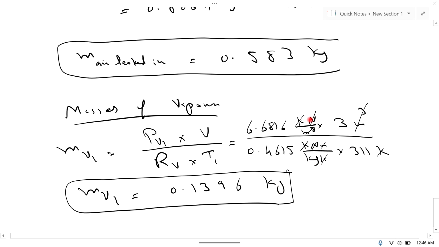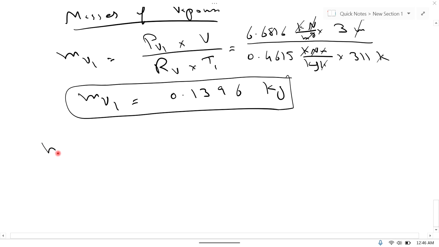Per kilogram is in the numerator. Now mass of vapor finally is equal to PV2 multiplied by V total volume, divided by R of vapor multiplied by final temperature.